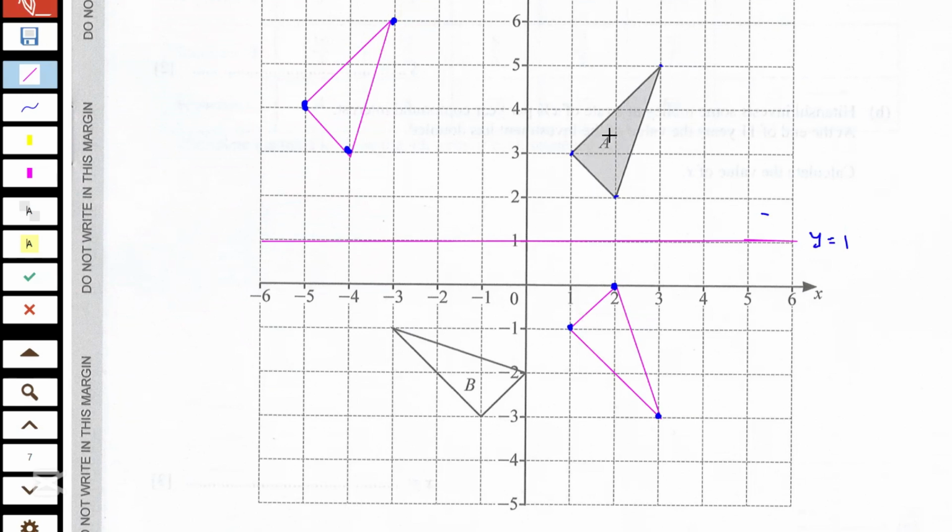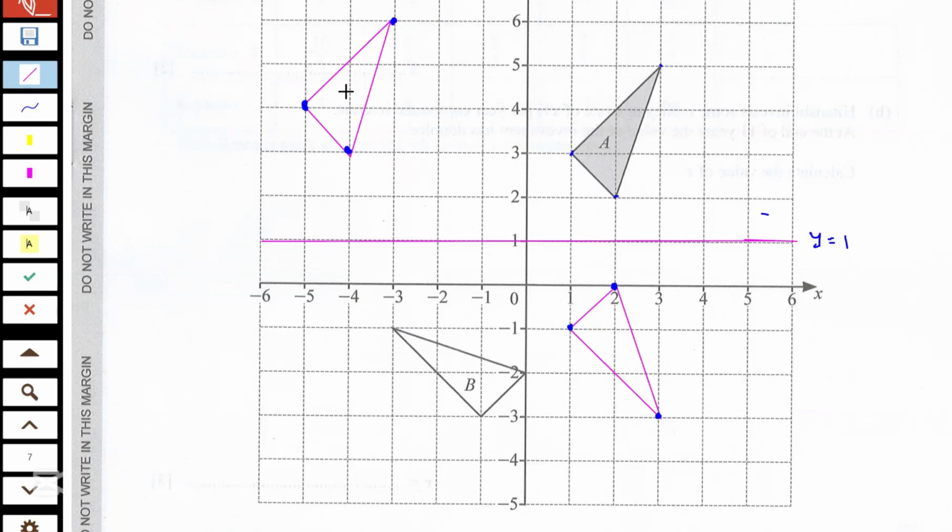And when it comes to rotation, the first thing you want to do in this case is to identify the center of rotation. Okay, how do I identify the center of rotation? First, we have to join the vertex of the object to the image.